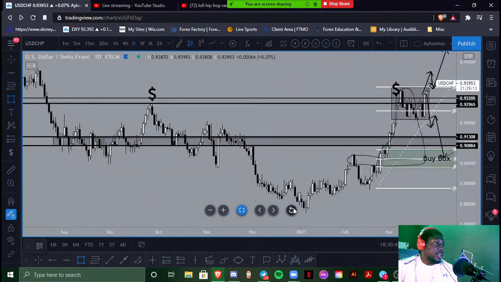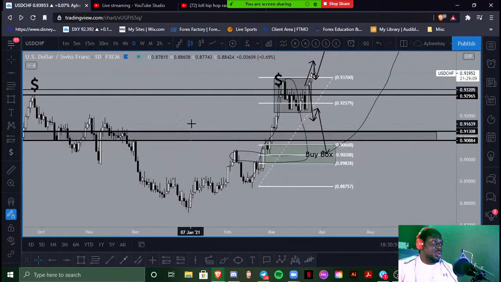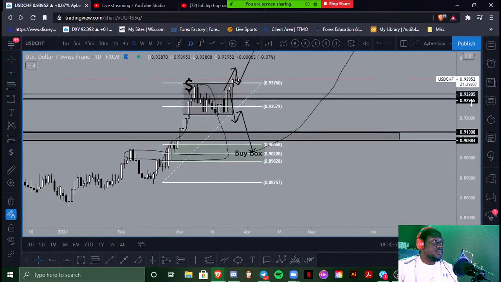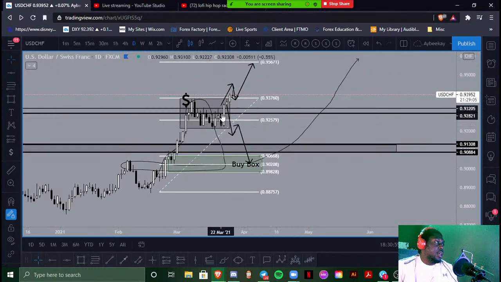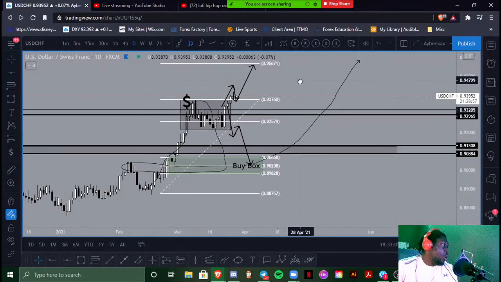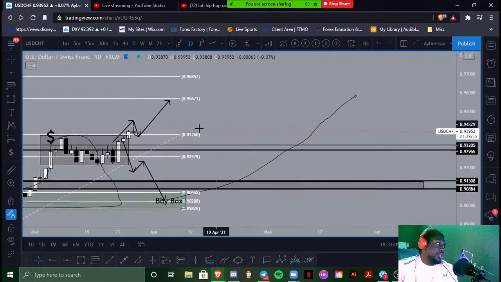Daily time frame. I'd mentioned that I wanted to see one of two things happen here. Either I wanted to see price push to the downside, retest and continue to this buy box, where I would then expect long-term buys, or I would want price to break out to the upside, retest, and then continue to the upside.